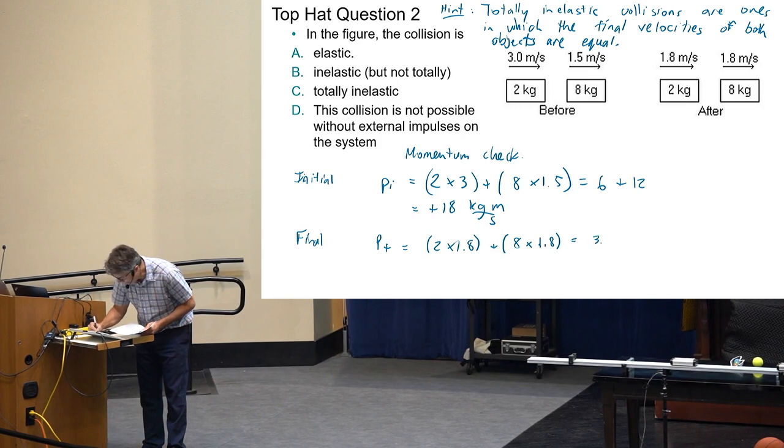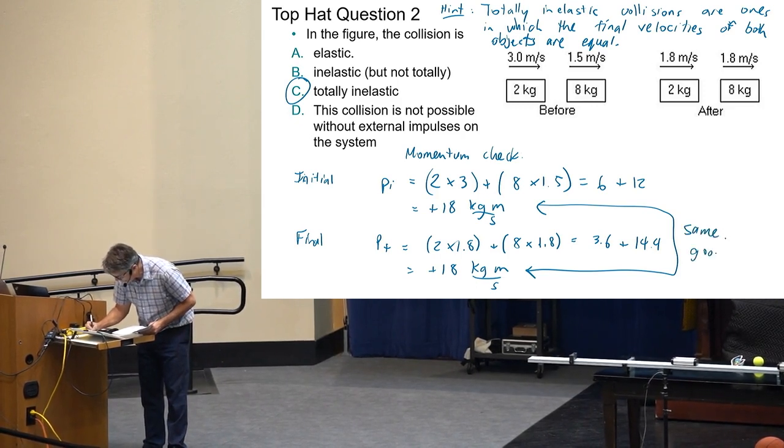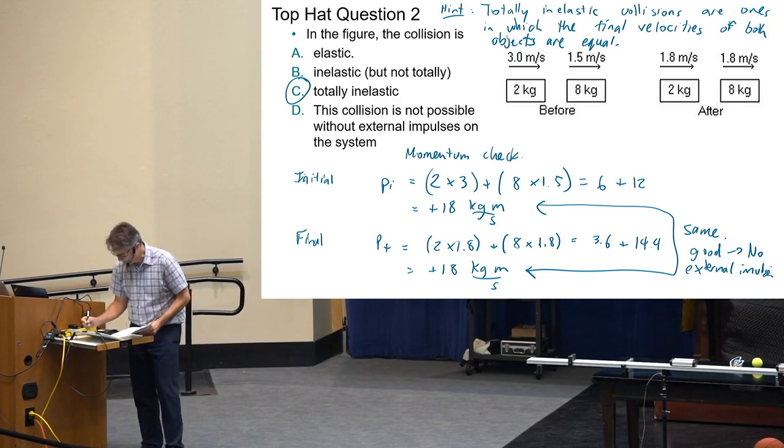I got 3.6 plus 14.4, and luckily, it's also plus 18. So someone's worked out the numbers so that they're the same. That's good. That's why I like this C. Same. Good. So what this means is that there's no external impulse changing the total momentum of the system.